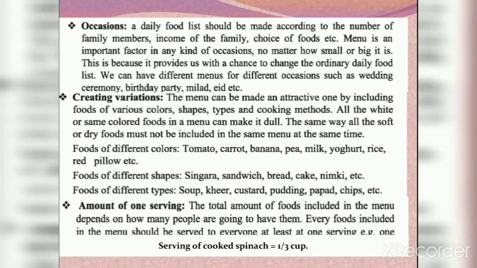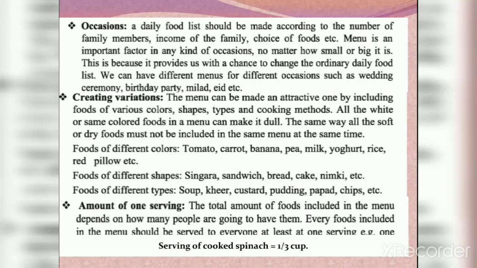Now we are going to know about the amount of one serving. The total amount of food included in the menu depends on how many people are going to have them.